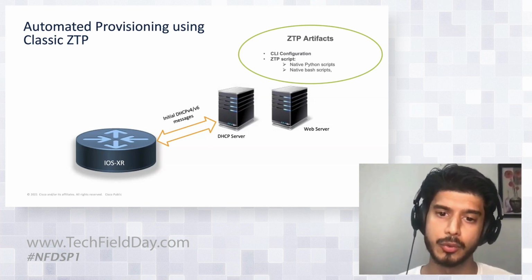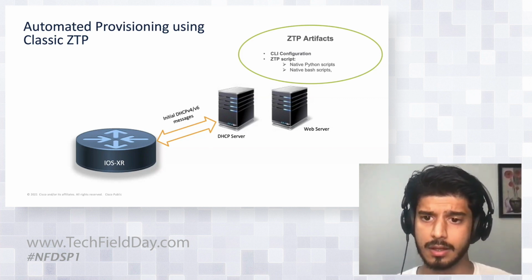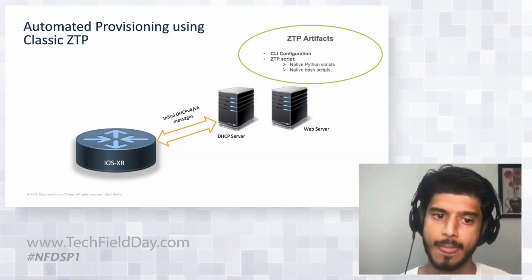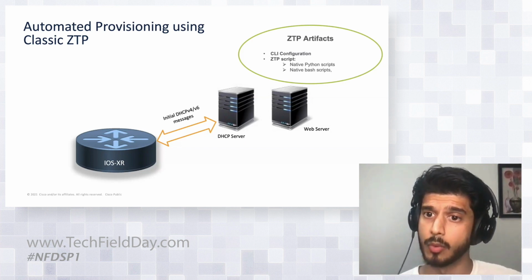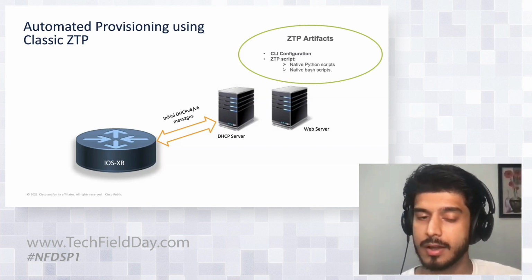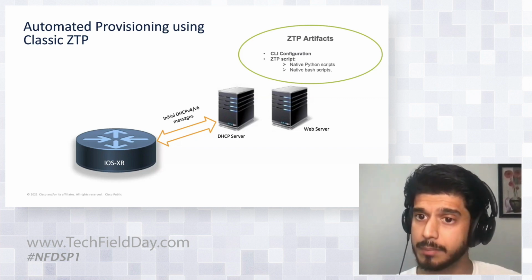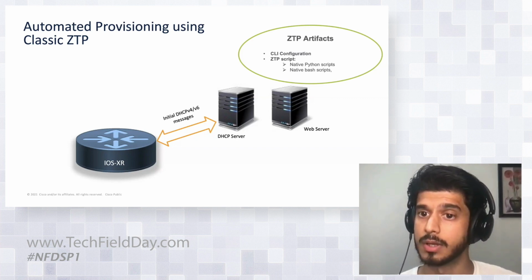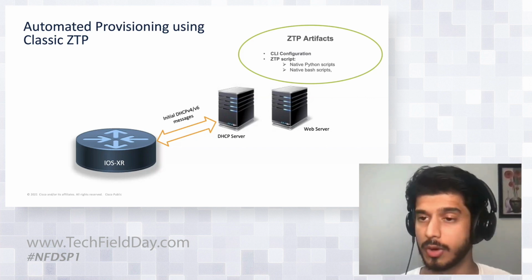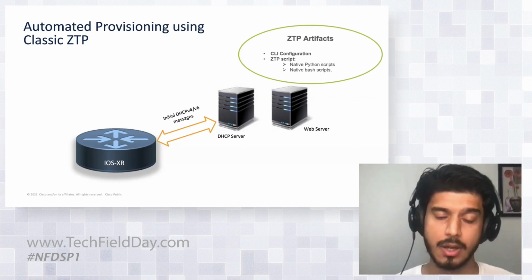And that ends up giving you either the location, the URL to download a CLI config directly, or a ZTP script. In the XR land, we support, frankly, any type of binary packaging that you need. But we, of course, support natively Python and Bash libraries, which allow you to do just about anything on the box in terms of automation.